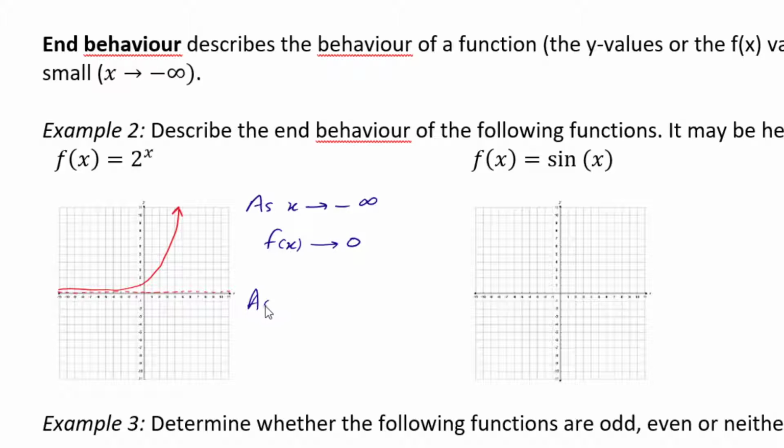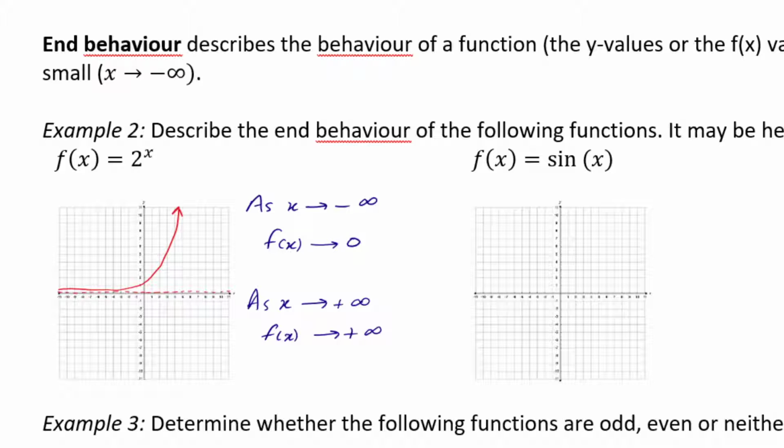So as x approaches positive infinity, f at x approaches, well, let's take a look. What does the function do as it gets larger and larger? Well, the function will go to positive infinity. And again, this is a strictly increasing function because as we go left to right, it continues to increase.